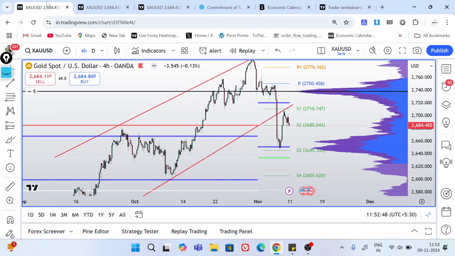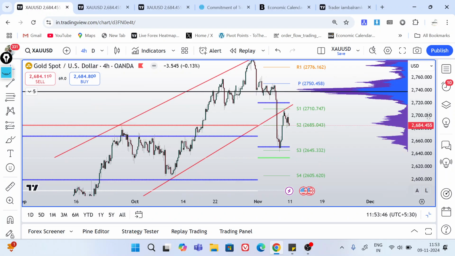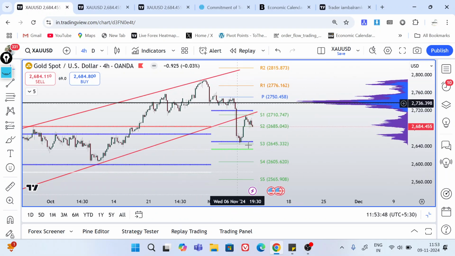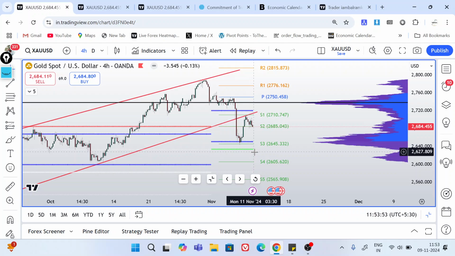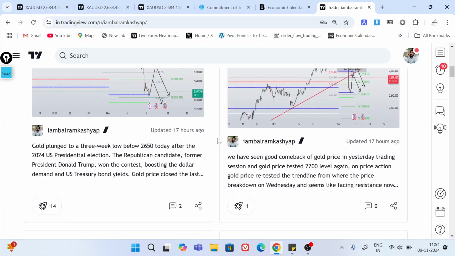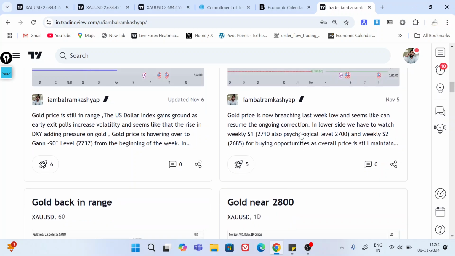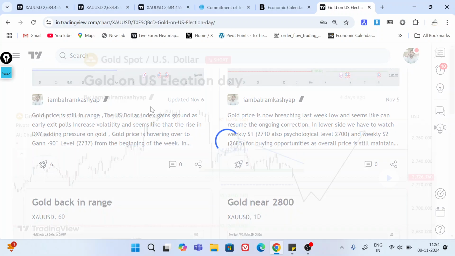So now let's move on to the 4-hour time frame chart, and we have seen a good correction last week. If you remember my view, I clearly mentioned it in the Telegram channel also, and if you follow me on my TradingView profile, you can see this is the chart that I updated on 5th November, election day.